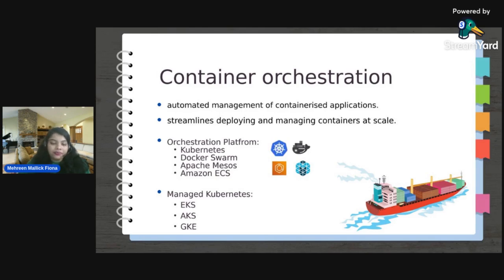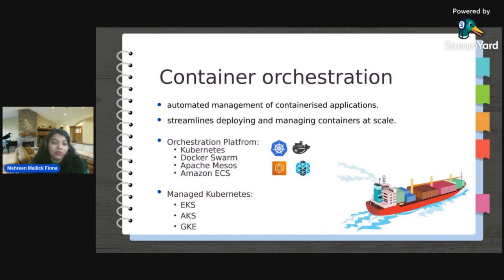It does it for you. Its ability to streamline complex deployment turns what used to be a manual and very hectic process into a smoothly operated one. There are several platforms that facilitate container orchestration, each with its own functionality.